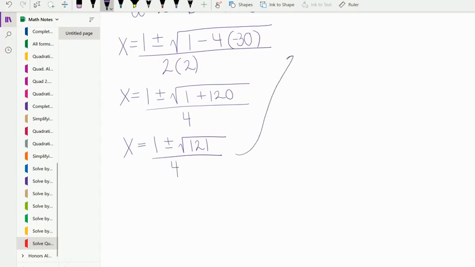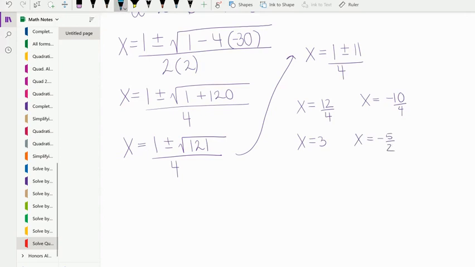And then lastly, we can find the square root of 121, which is 11. So we get 1 plus or minus 11 divided by 4. And then you would separate this. So think of it as 1 plus 11, which is 12 over 4. So we would get x equals 3. The other one would be 1 minus 11, which is negative 10 over 4. So we get x equals negative 5 halves.